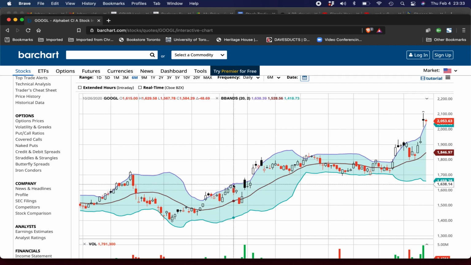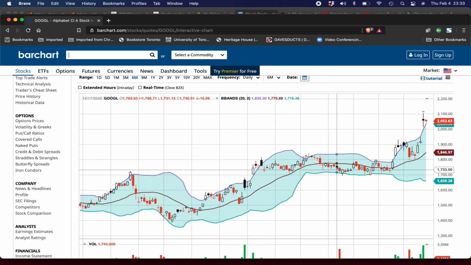In this case, for example, like I mentioned, it pulls back to the middle band, which is the 20 period moving average line here, and then it bounced back. So if you want to go long, you can go long here because the trend is intact and the stock will go up. Right here again, it's trading in a range. The bands are becoming narrow. So here is another thing.